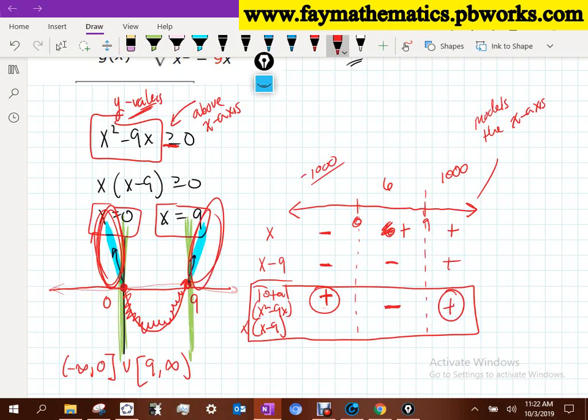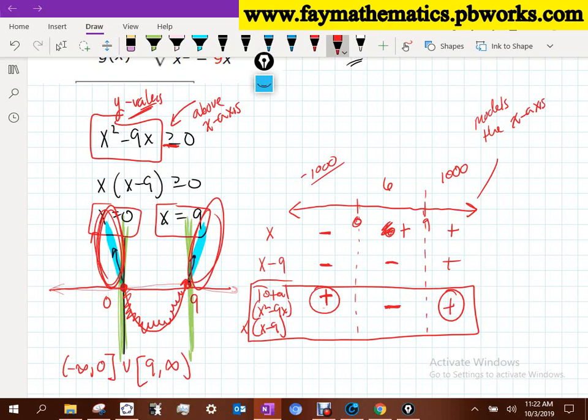So when we do a sign chart, guys, I want you to understand that a sign chart is a cryptic way of showing you or graphing your function on the xy axis.